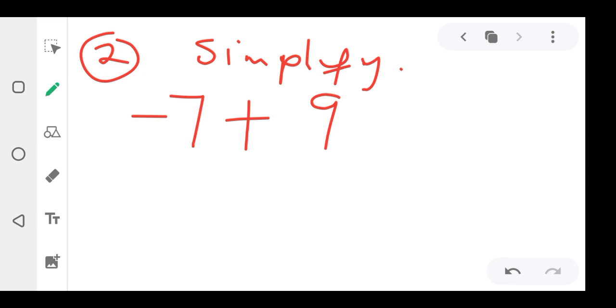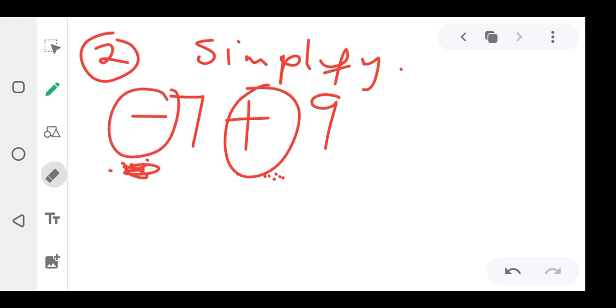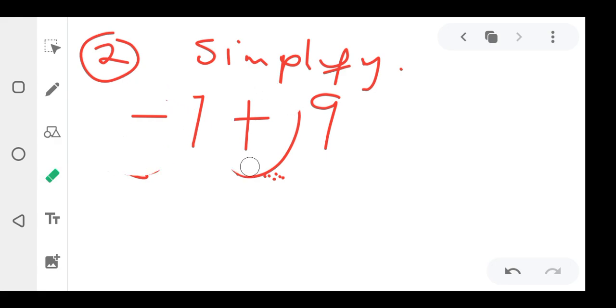When there are two signs following one another, there are no brackets, they're just two signs following one another. This is a negative, and that's a positive, but they are different signs following one another. This rule is only for different signs.